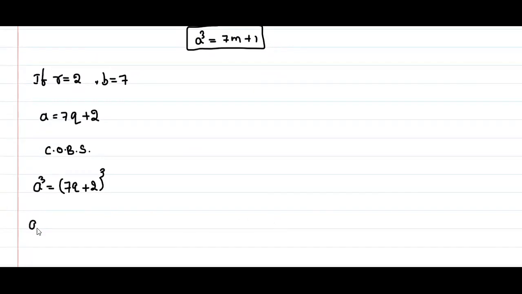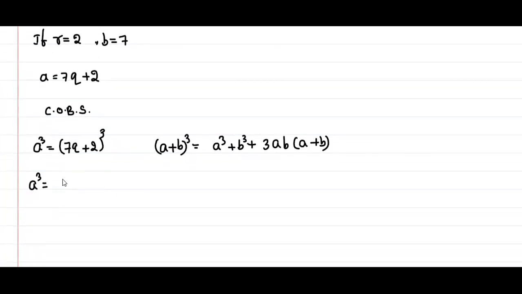So it is in the form of a plus b whole cube: a cube plus b cube plus 3ab of a plus b.